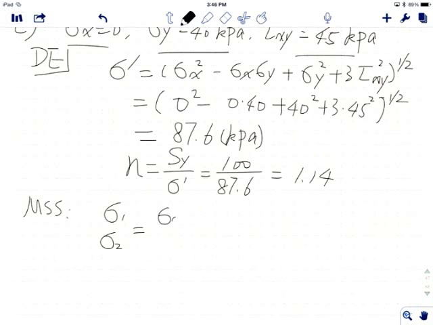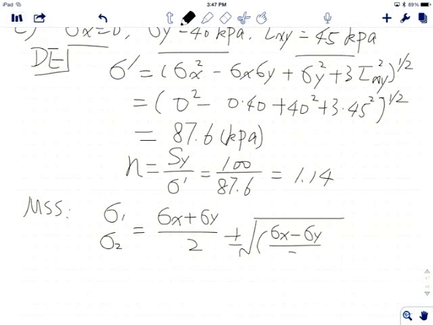This is equal to sigma x plus sigma y divided by 2, plus minus the square root of sigma x minus sigma y divided by 2 squared, plus tau xy squared.